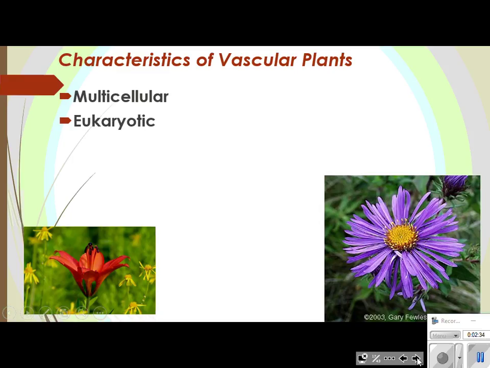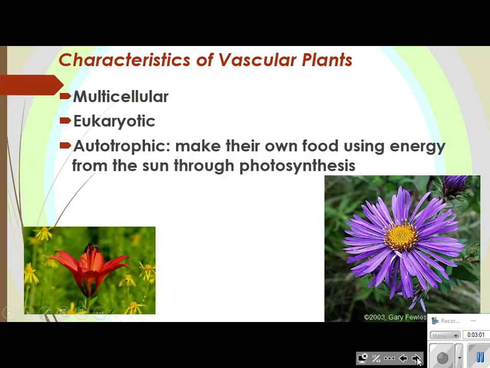They are eukaryotic cells. What does eukaryotic mean in terms of cells? It has a true nucleus. So a eukaryotic cell has a true nucleus. They're autotrophic. They make their own food using energy from the sun and photosynthesis.